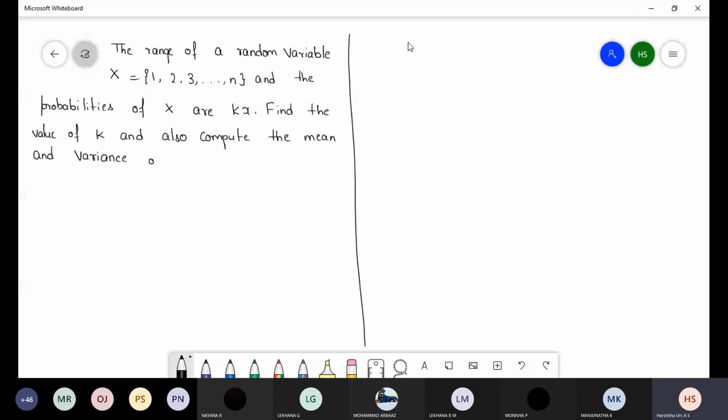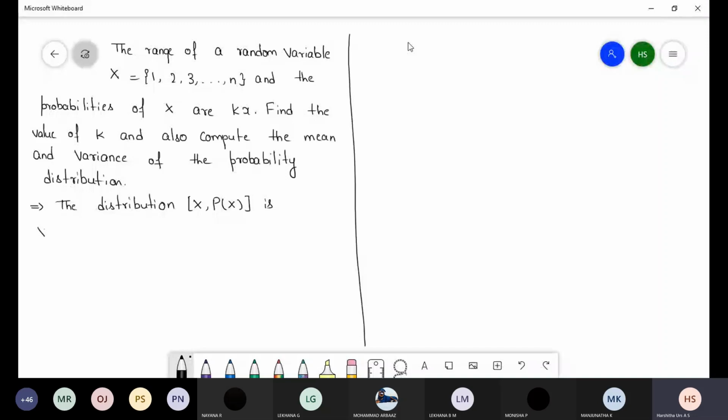So here, as they have not given a table, we have to form a table by ourselves. So the distribution x comma p of x is, here I will write x, here I will write p of x.